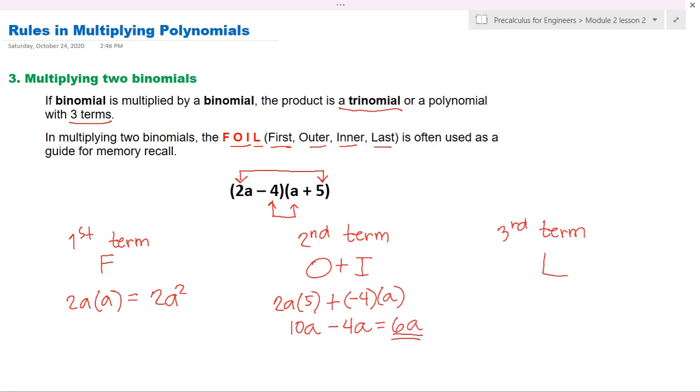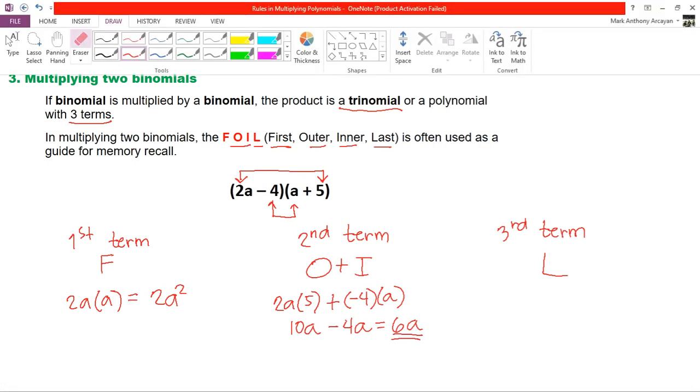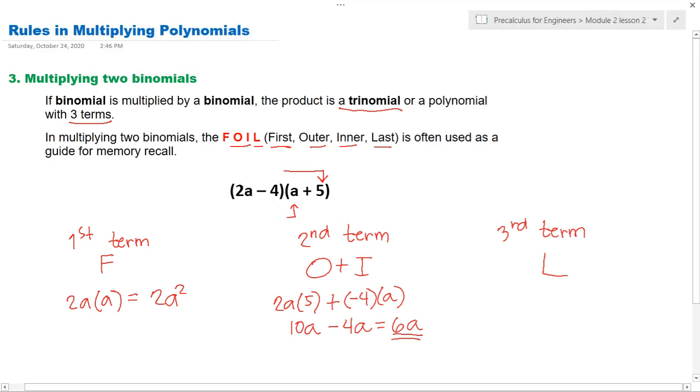How about for the third term? Sabi daw dito, last. So, this is the opposite of the first term. Last indicates that you need to find the product of the terms on the last term for each binomial. So, ano yung last term ng binomial? So, for the first binomial, this is the last term.